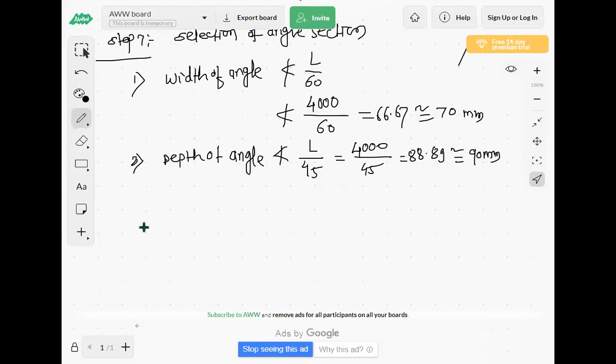So here we will select, write down, select ISA. Everyone please go to this section, select ISA 100 by 75 by 6. We will select the angle section 100 by 75 by 6. So 100 is the depth, 75 is the width and 6 mm is the thickness.